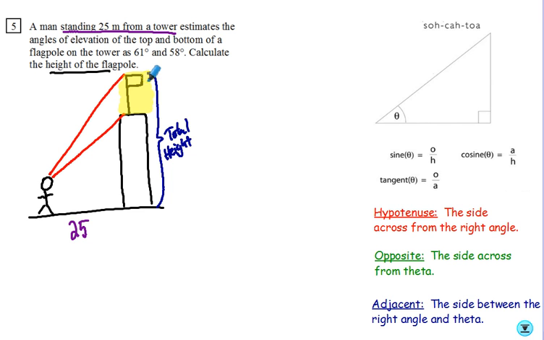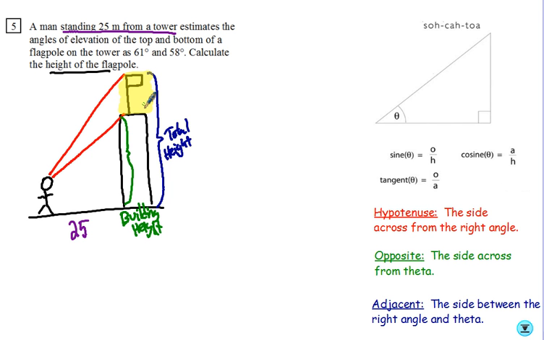Well, I could tell you what that is if I knew the total height, and then I'd have to subtract the building height. So if I knew the total height minus the building height, what's left over would give me just the flagpole.